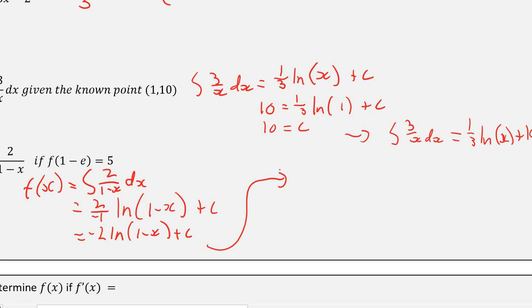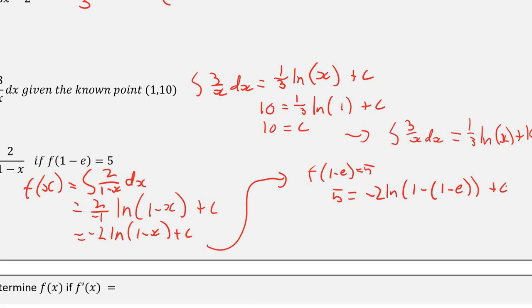Then it wants us to sub in the known point, f of 1 minus e equals 5. So we have 5 equals -2 ln bracket 1 minus bracket 1 minus e, close bracket, plus c. Put that into the calculator: -2 ln 1 minus bracket 1 minus e.